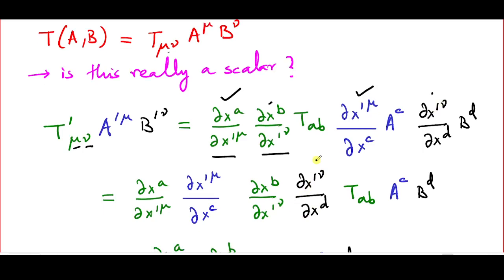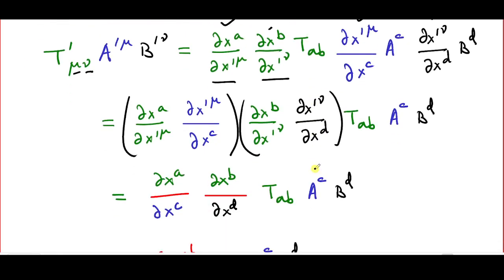Now this combination is simply ∂x^a/∂x^c according to the way in which total differentials are done. And this combination is nothing but ∂x^b/∂x^d. So we replace these two products and sums of products by these two coefficients.